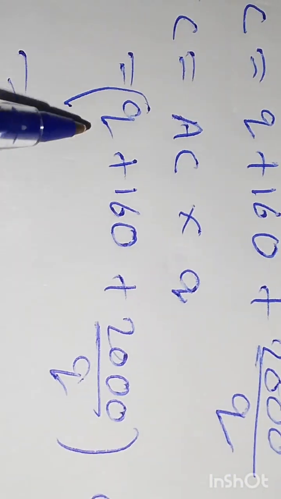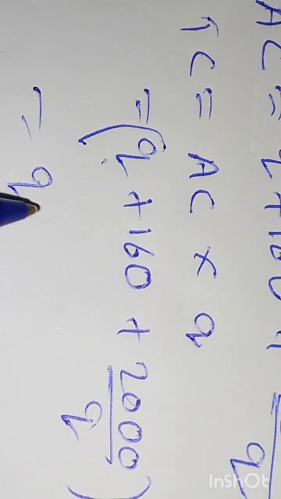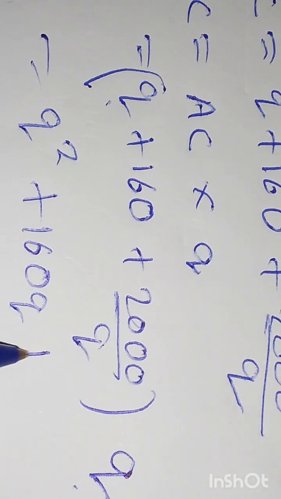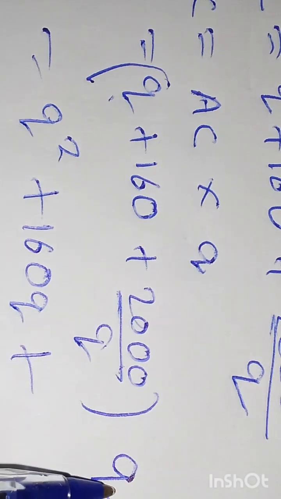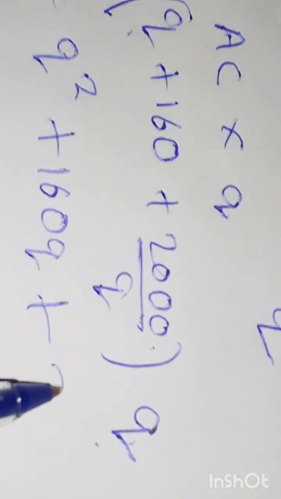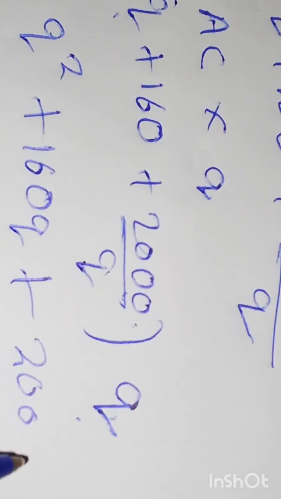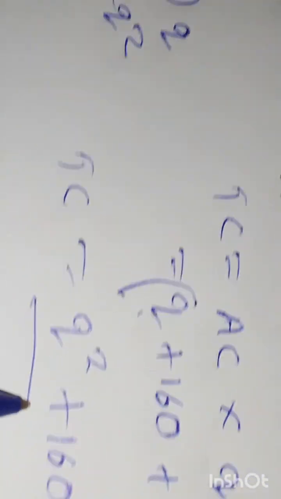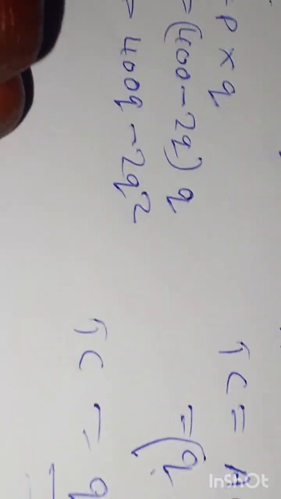Q times Q gives Q squared, plus 160Q, plus 2000 multiplied by Q, 2000Q divided by Q. This Q and this Q will cancel, so we're going to have simply 2000 here. So this is our total cost function. We now have our total revenue and total cost.